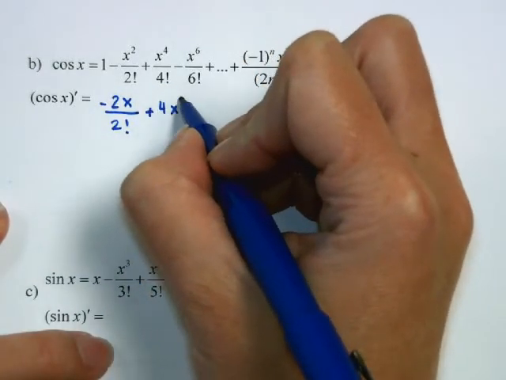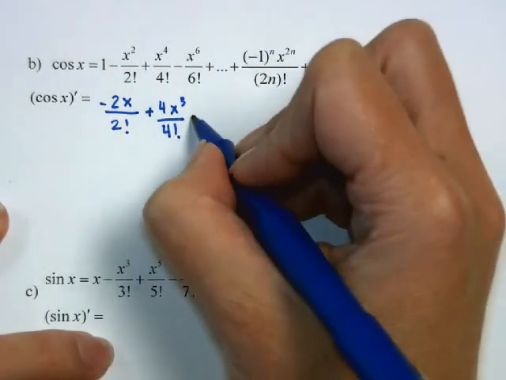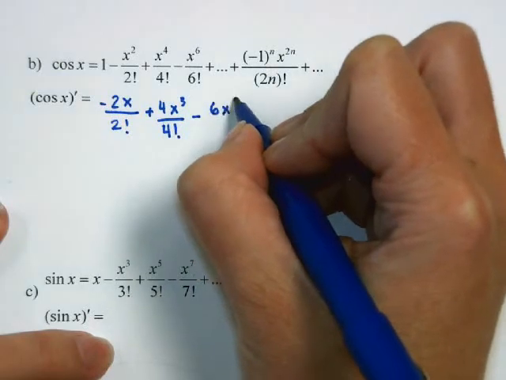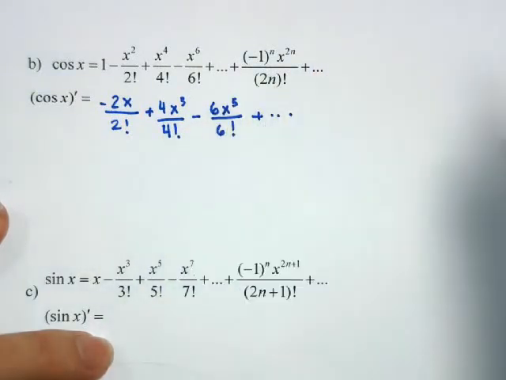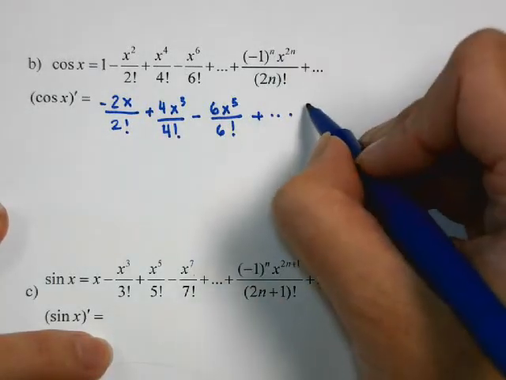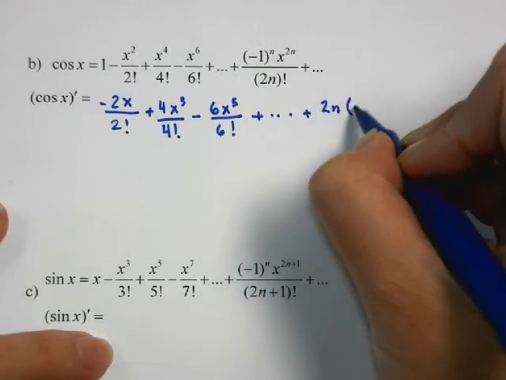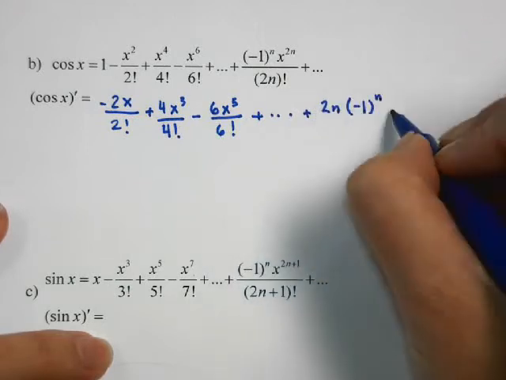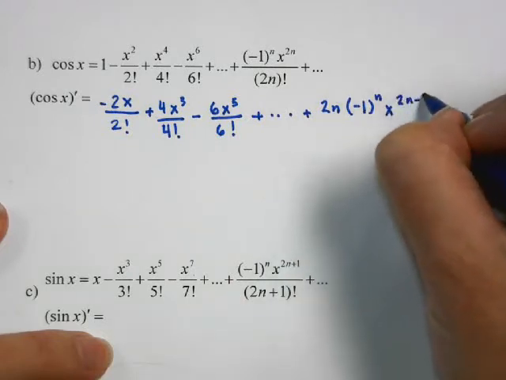This will be 4x cubed over 4 factorial minus 6x to the 5th over 6 factorial. This we multiply down, so we'd have 2n times negative 1 to the n x to the 2n minus 1.